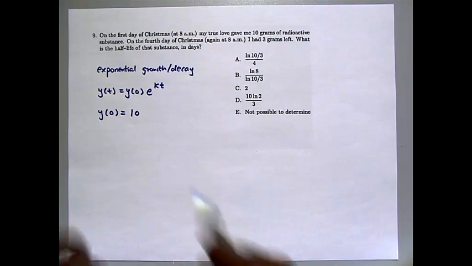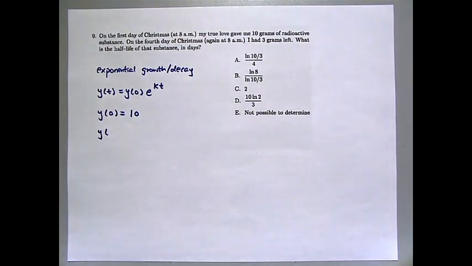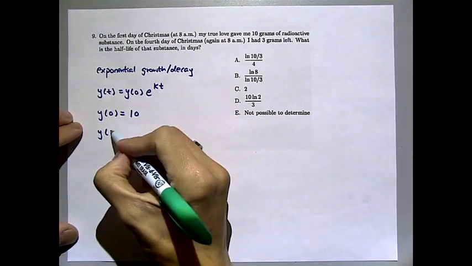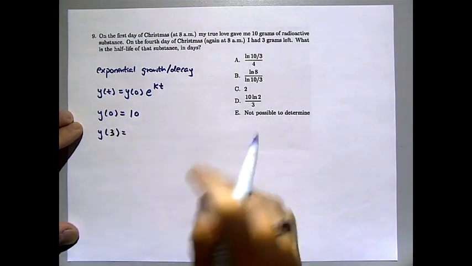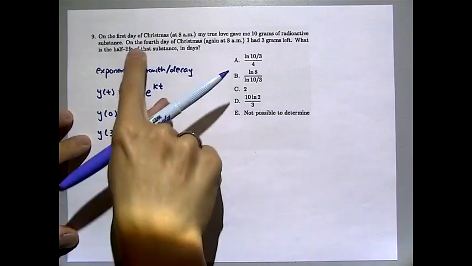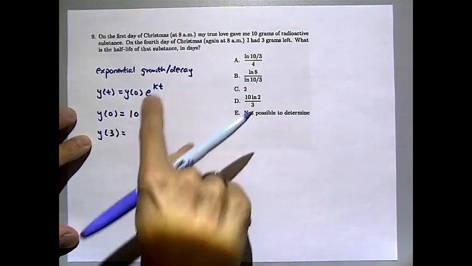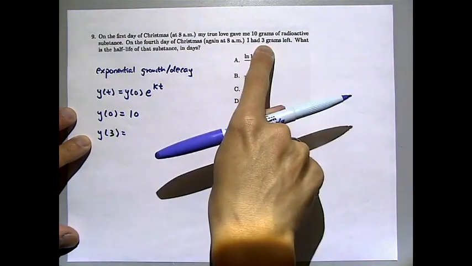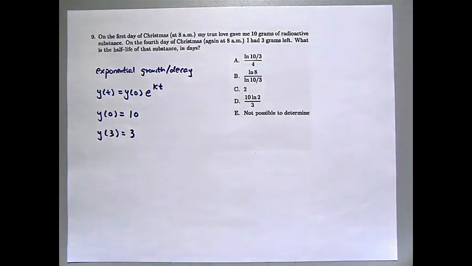On the fourth day, you got to be really careful with how we count days here. The fourth day is actually 3 days later. On the second day, it's 1 day later, right? So on the third day, it's 2 days later. So even though it says on the fourth day, it really means 3 days after I've started. That gave me a 3. So I start with 10 grams. I wait 3 days later. I have 3 grams left.